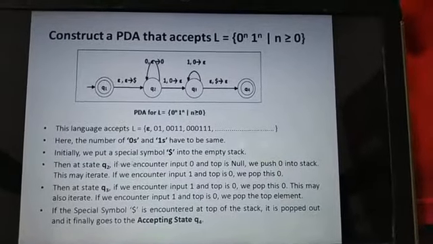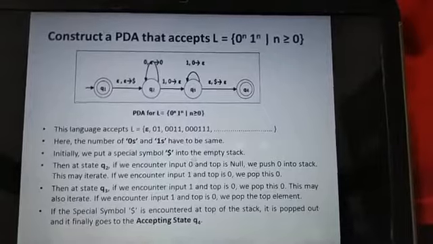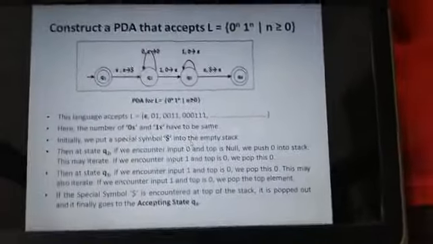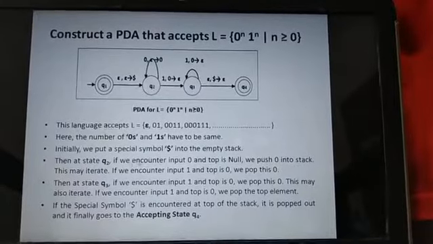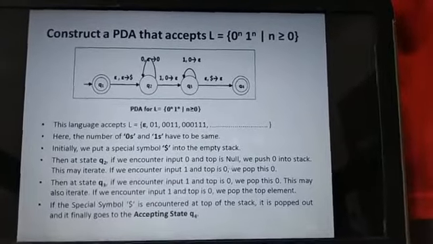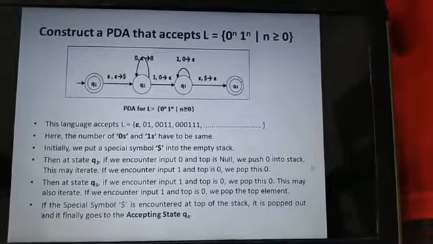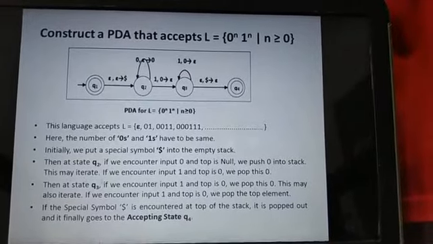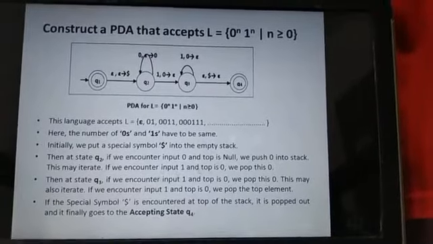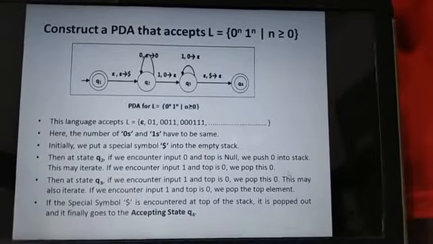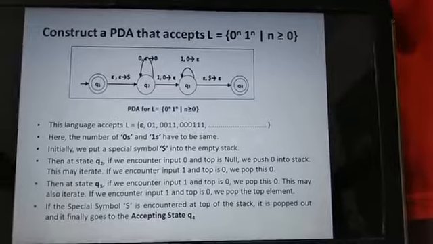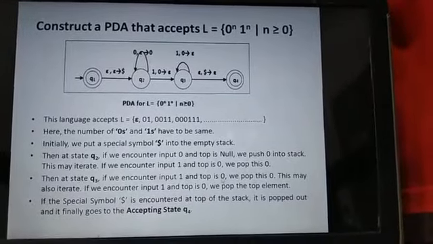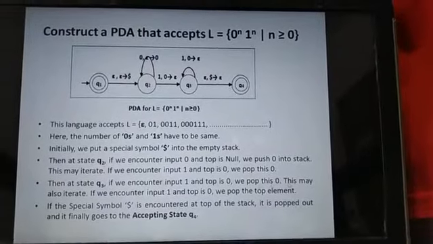Initially we put a special symbol dollar into the empty stack. Then at state q2, if we encounter input 0 and top is null, we push 0 into the stack. This may iterate. If we encounter input 1 and top is 0, we pop this 0. Then at state q3, if we encounter input 1 and top is 0, we pop this 0.